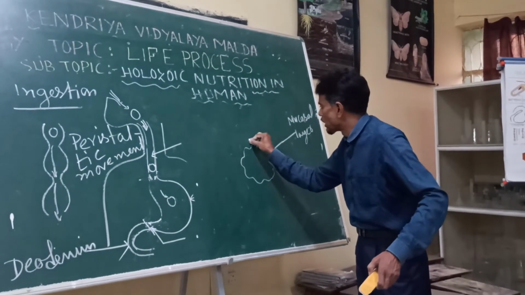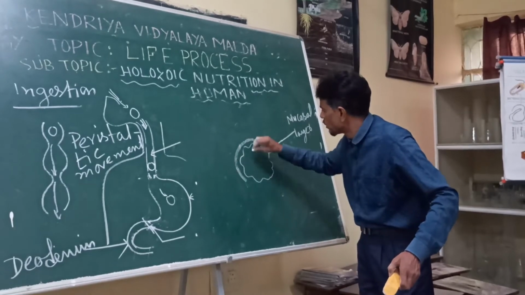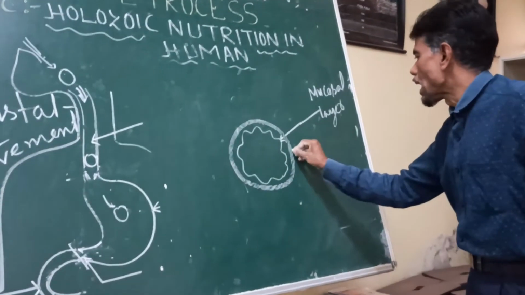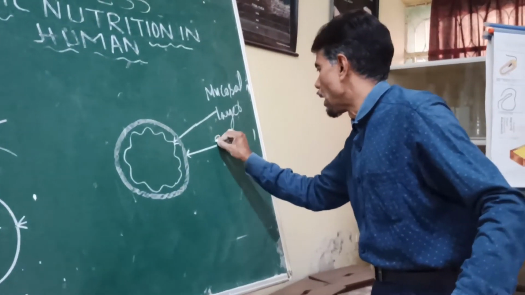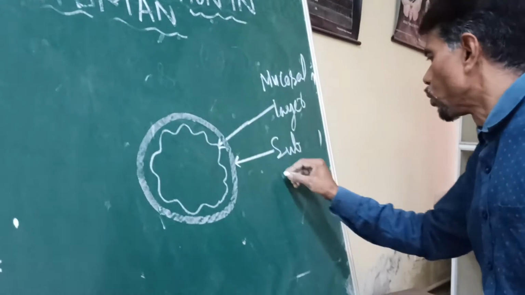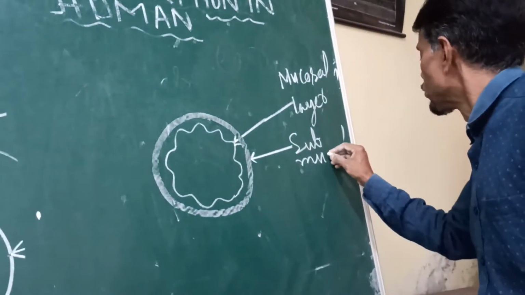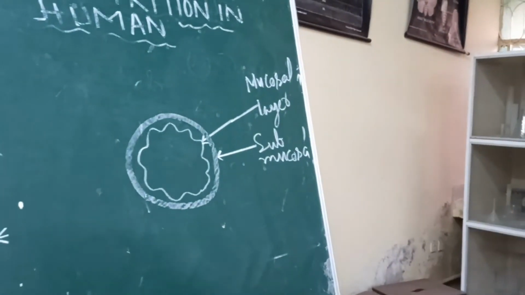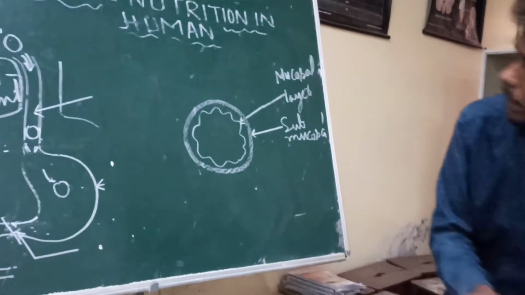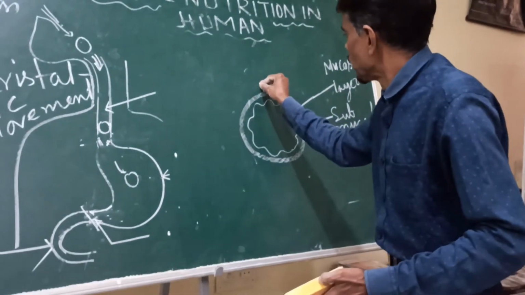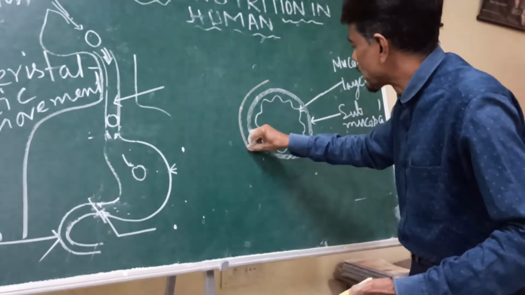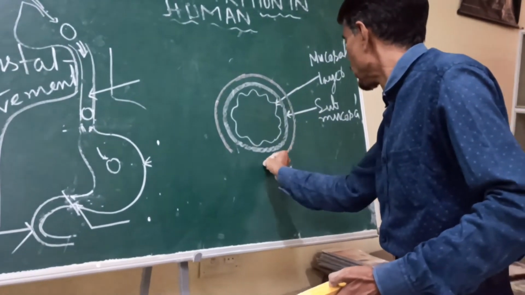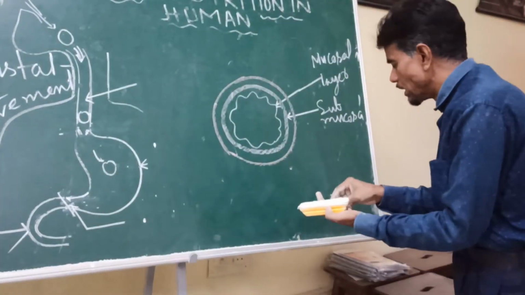Around the mucosal layer, there is a second layer called the submucosal layer. Then a third layer called the layer of muscularis, or commonly called the muscularis layer.